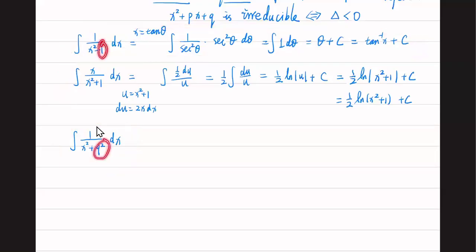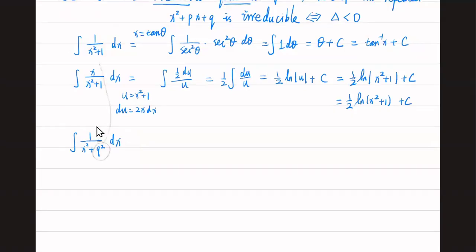How do we go from q squared to 1? We can pull out a q squared. Then it becomes 1. Pull out a q squared, and then it will be x over q squared plus 1, dx.